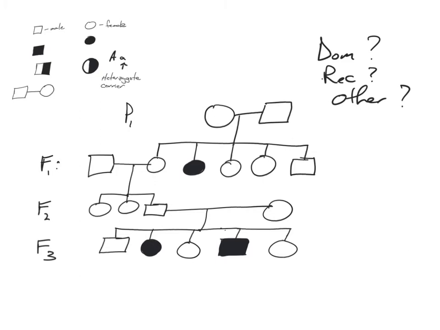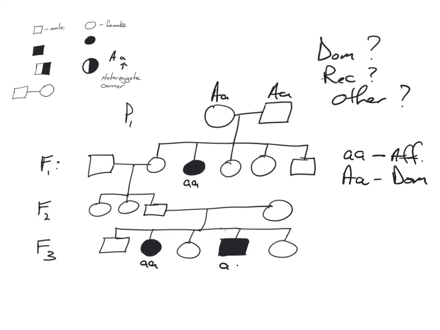I know the parents, for instance, let's say that little a is for affected, and big A, little a for the dominant trait, whatever the dominant trait is. So that means the parents have to be little a, little a. How do I know they have to have that? Because they have to have 2 little a's to give it to this person.